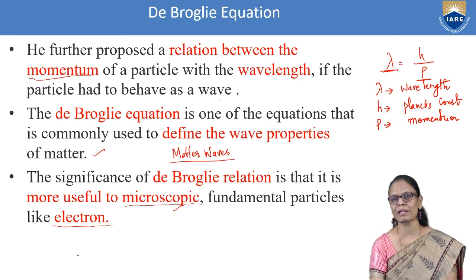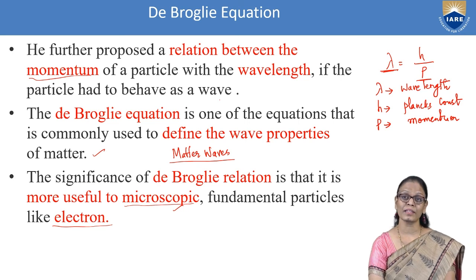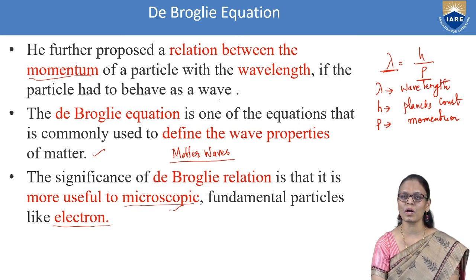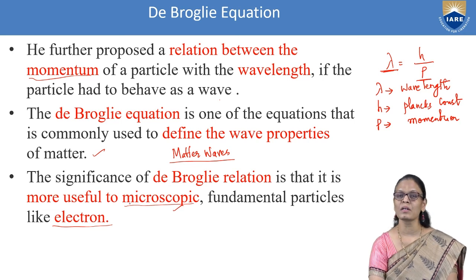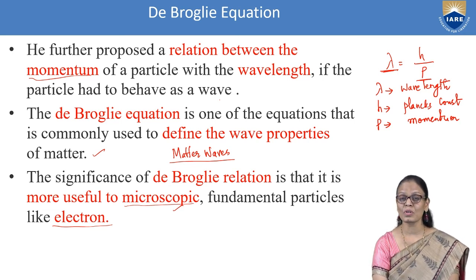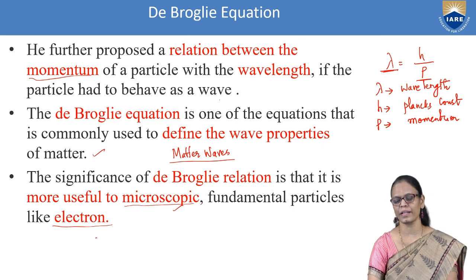When we consider the fundamental particles, protons, electrons and neutrons, which are microscopic in nature, quantum physics or quantum theory could not explain the microscopic phenomena. So the de Broglie relationship was very useful, and it gained a lot of importance because it could be applied to microscopic fundamental particles like electrons.